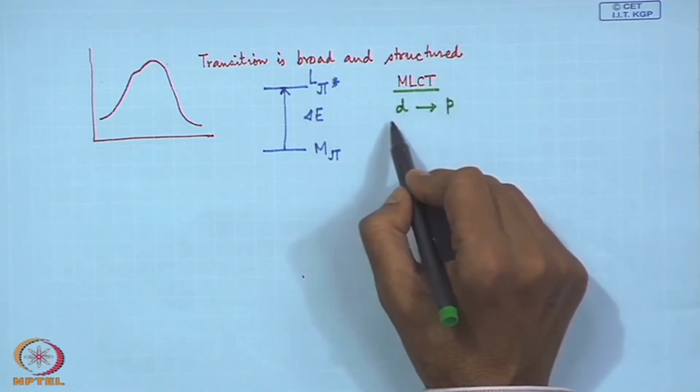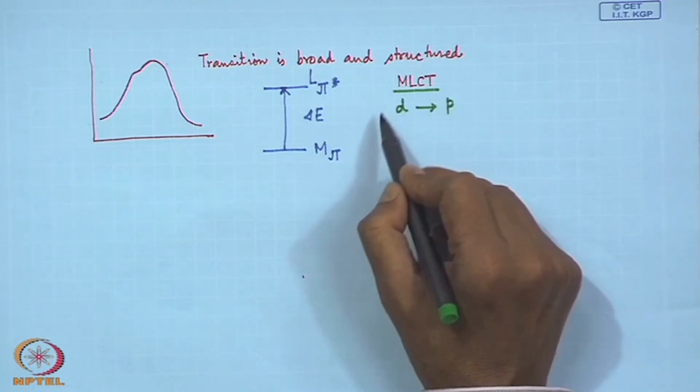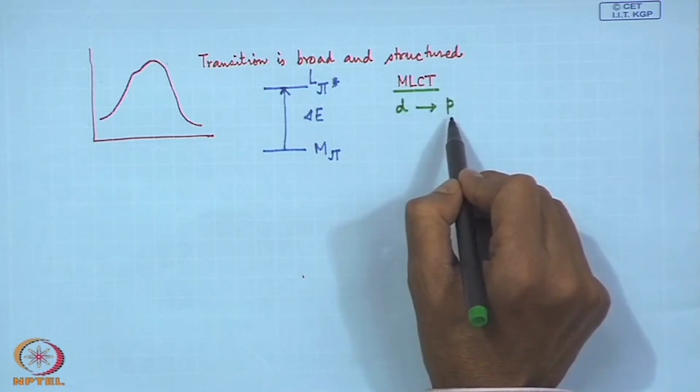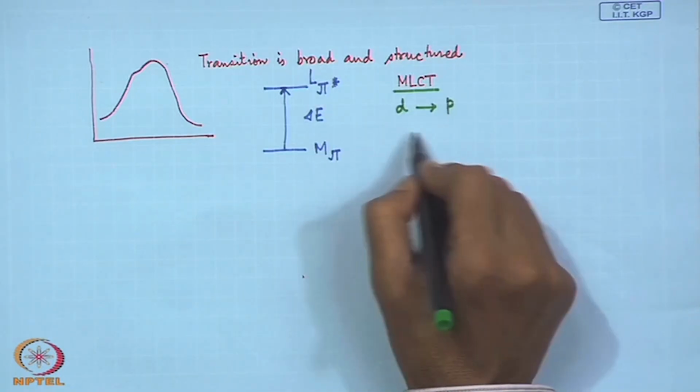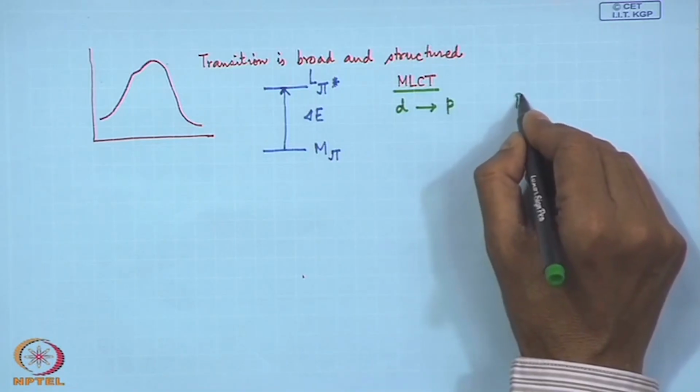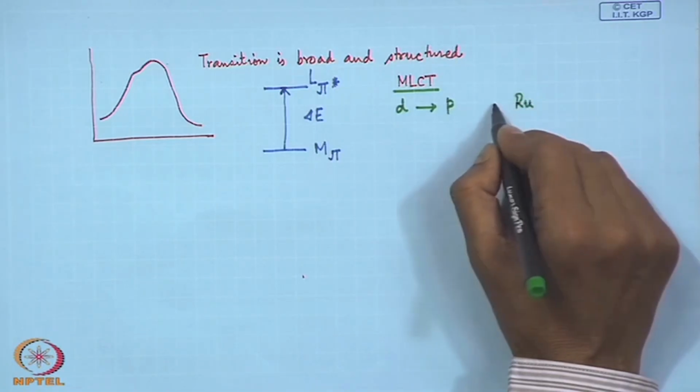So, this is the situation where it is mostly allowed. A highly allowed transition can take place from D to P, and another good thing is that the ruthenium is present in an octahedral geometry.